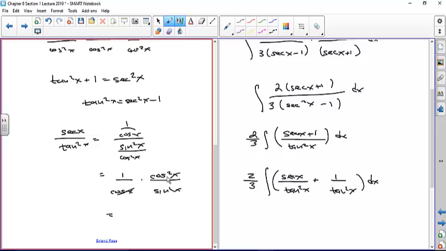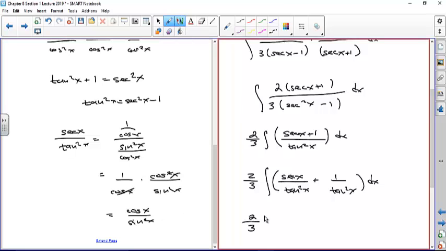So once you cancel this out with one of those, you end up with cosine x divided by sine squared x. Is that right? Okay. So now let's plug that in there.